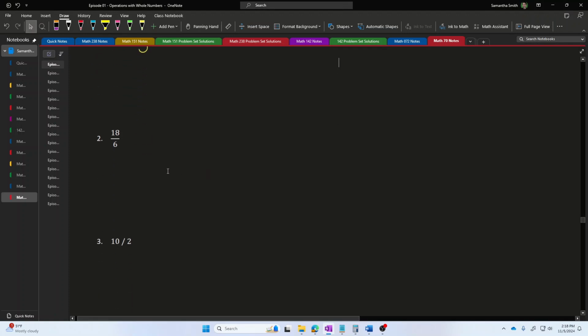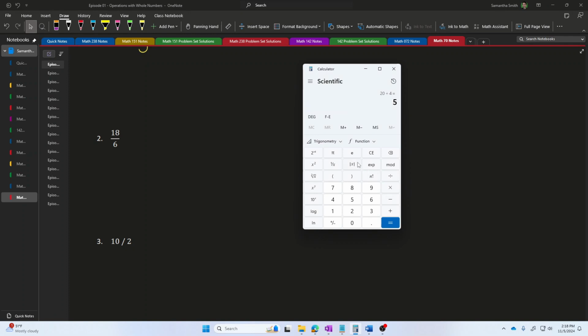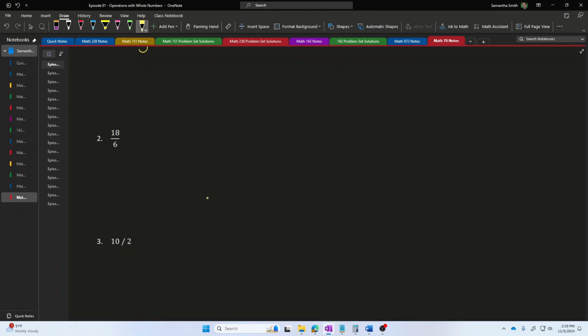Suppose that I had 18 divided by 6. I have a pile of 18 objects and I want to split them into 6 groups. How many times does 6 go into 18? In other words, I could do this on the calculator as 18 divided by 6. And the result of that is 3.